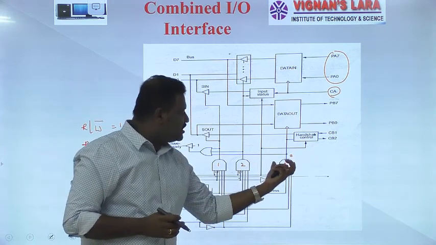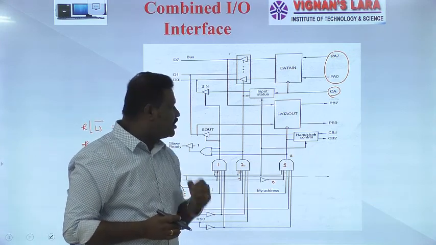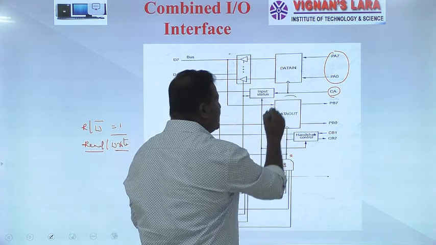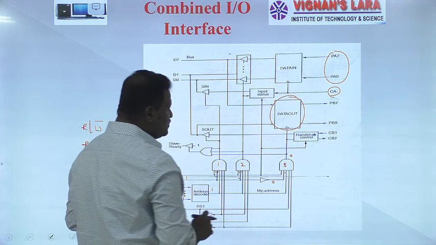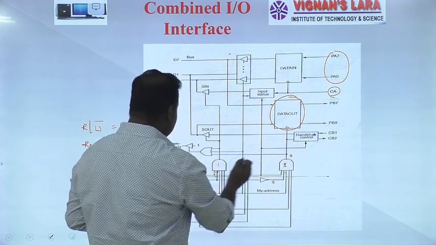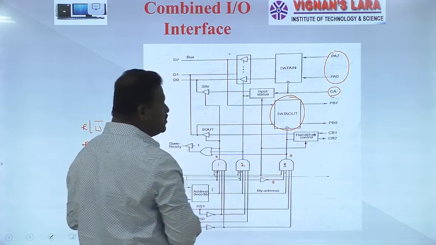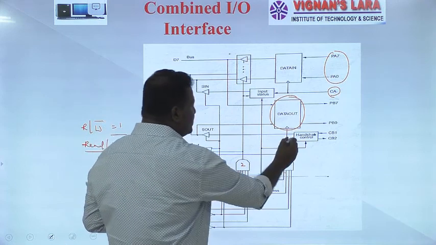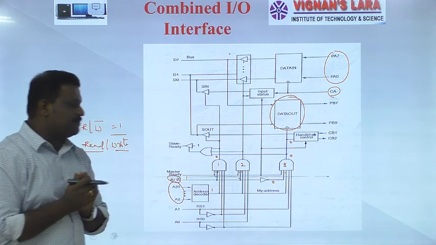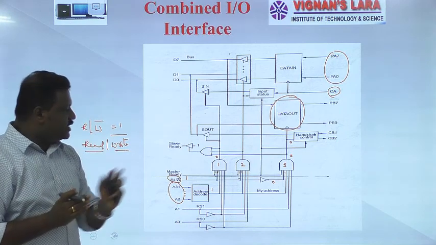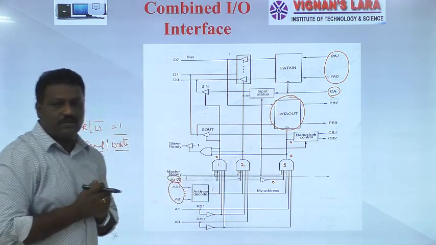If the AND gate produces logic 0 at output, then automatically it disables this data out register. Not only that, the same signal is given here and becomes 0, and at the same time it also goes here, equal to 0. One thing is clear, this AND gate output is 0.